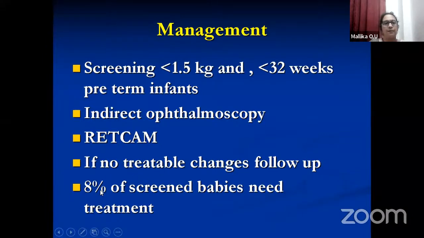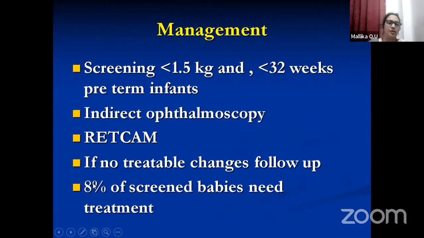But 8% of the screened babies need treatment. And that 8% we have to detect, because if you are not treating this 8% of the babies, they will go into blindness. That is irreversible blindness.